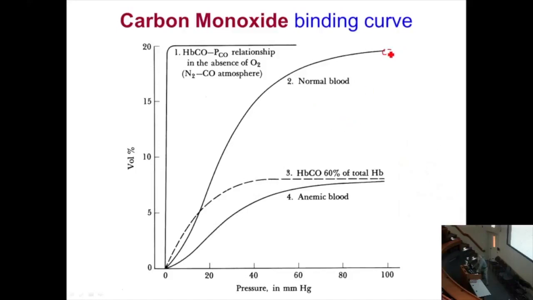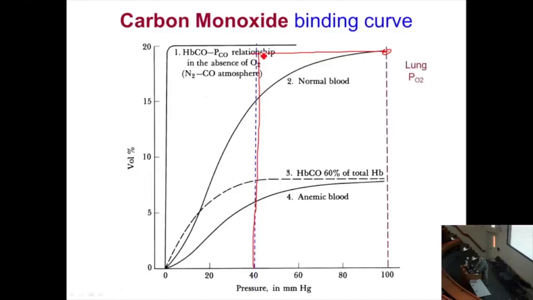We start in the lung, we're full of oxygen, we come over to the tissues. So anyway, we have our normal blood, we go to the tissues, and this curve tells us exactly how much oxygen is going to be released, that much.